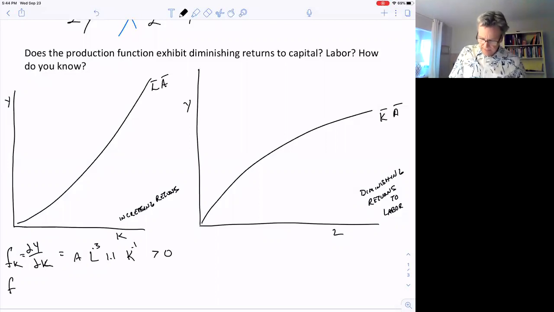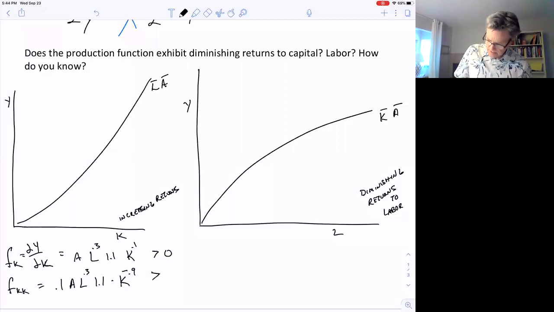But the second derivative is going to be 0.1 times A times L to the 0.3 power times 1.1 times K to the negative 0.9, which is also greater than 0. So the slope is positive and increasing, meaning increasing returns.